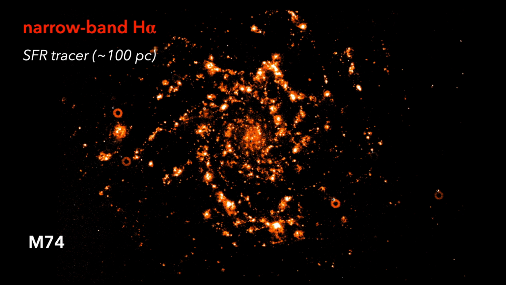For that aim, first of all, we use maps of H-alpha, emission that arises from hydrogen that gets ionized in the immediate surroundings of young newborn stars. But for most of this paper, we actually work at slightly lower resolution of about 1 kiloparsec, employing as star formation tracers a combination of ultraviolet and mid-infrared emission, which accounts for both obscured and unobscured star formation.